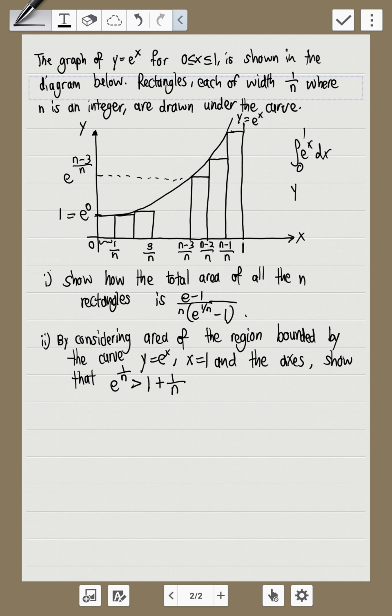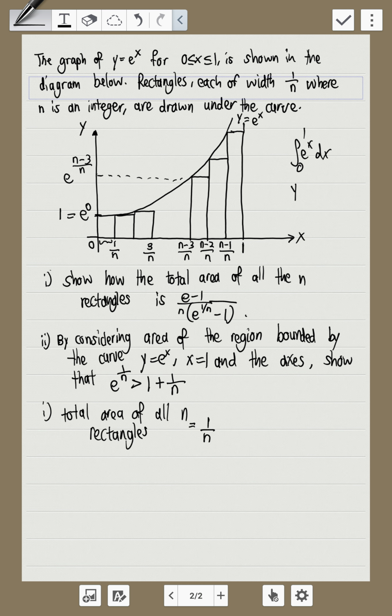Alright? Okay, so show that the total area of all the n rectangles is this. How many rectangles do we have? If we try to express this in terms of summation notation, what would it be? If I want to find the total area of all n rectangles, I could just list out the first few terms to get the picture. The first rectangle would be 1 times 1 over n, so it is 1 over n.